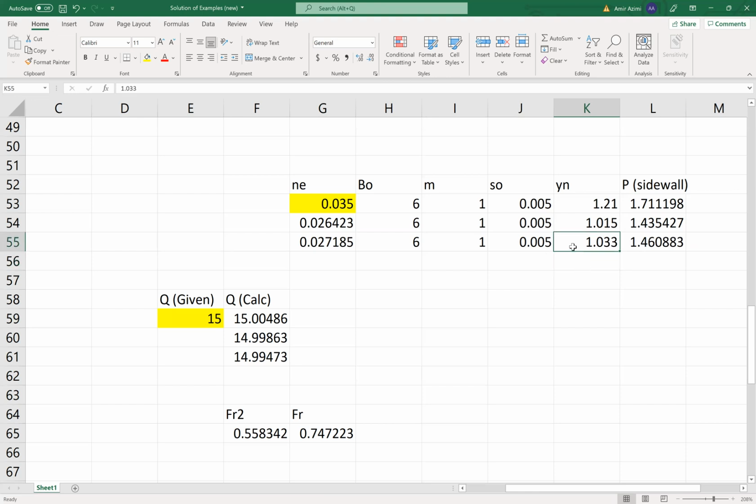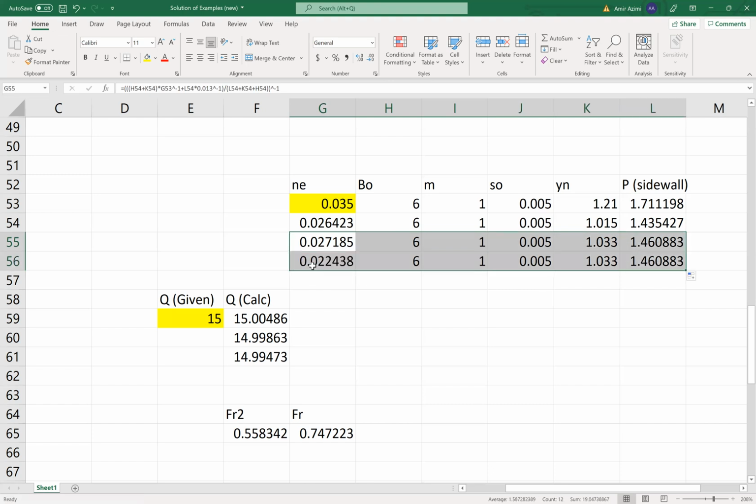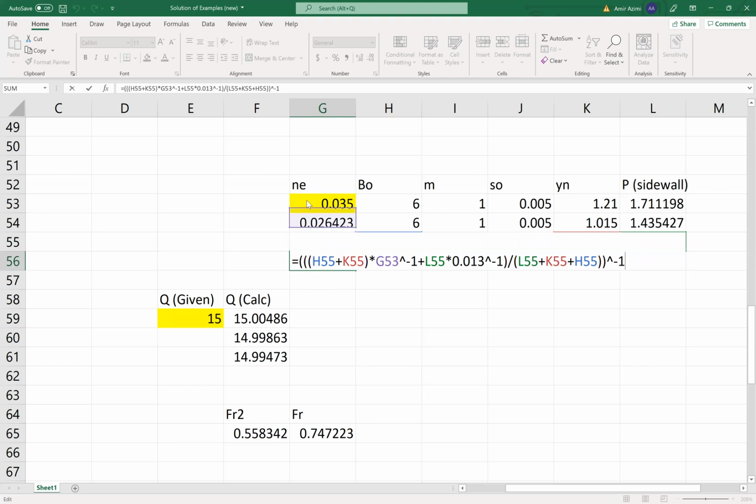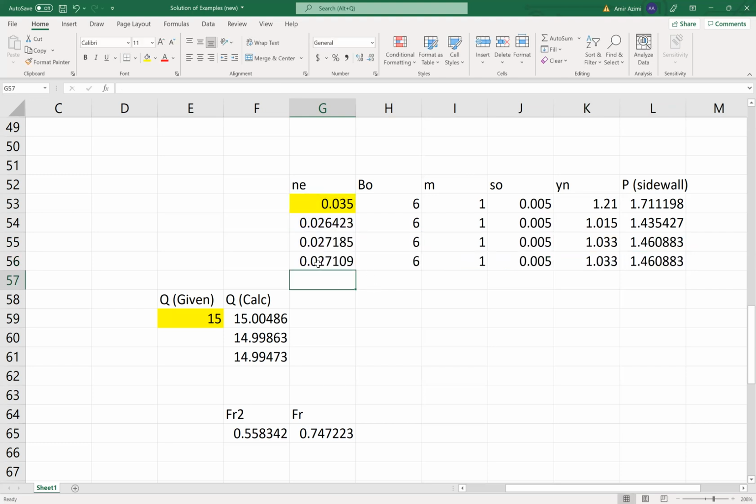So we get a better estimation of normal depth. We can do another trial, and you see that it's very fast. You can just adjust the value of Ne and drag this down. So I need to reduce the value here, 1.032. Yes, 1.031. So you'll see that we start with 1.2 and then quickly converge to 1.03 meters.